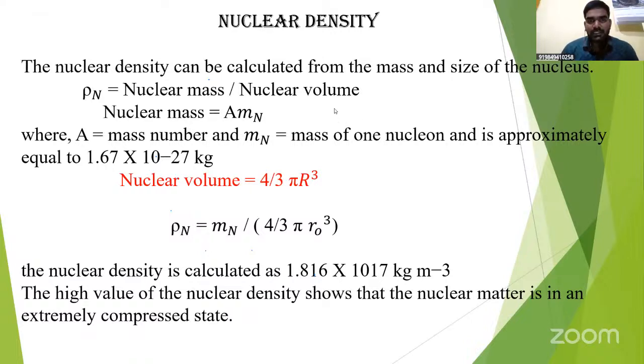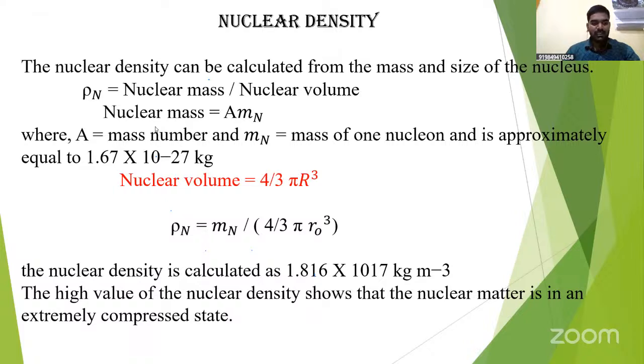Mass per unit volume, isn't it? That is rho n, the density of the nucleus. Density of the nucleus is given by nuclear mass by nuclear volume.